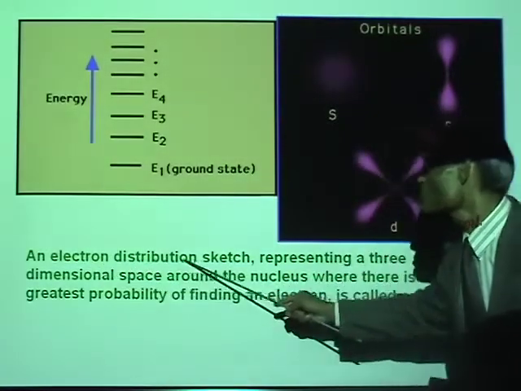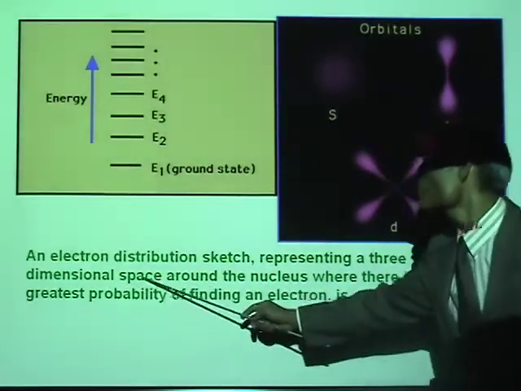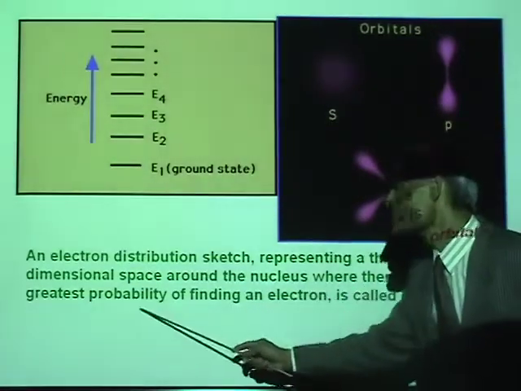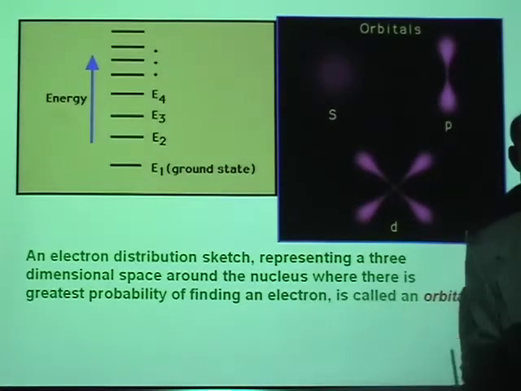An electron distribution sketch representing a three-dimensional space around the nucleus where there is greatest probability of finding an electron is called an orbital.